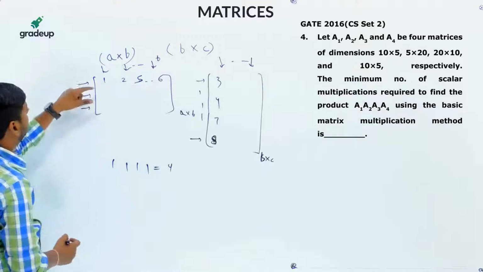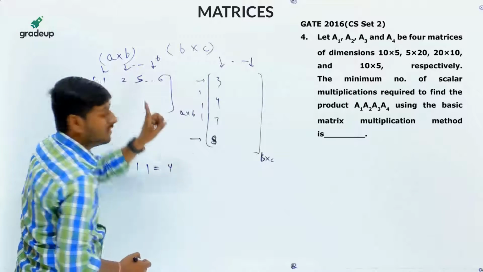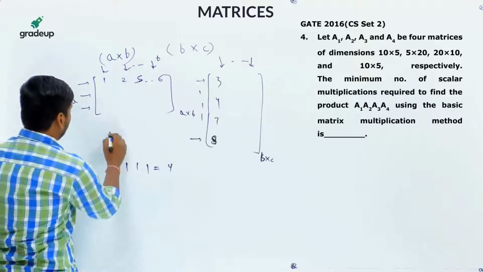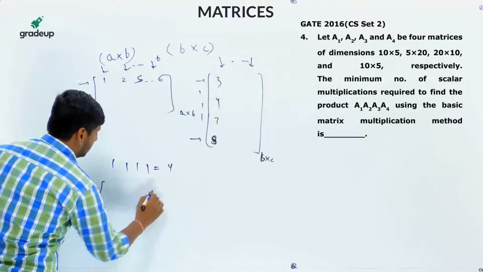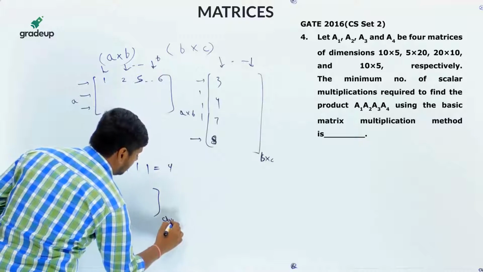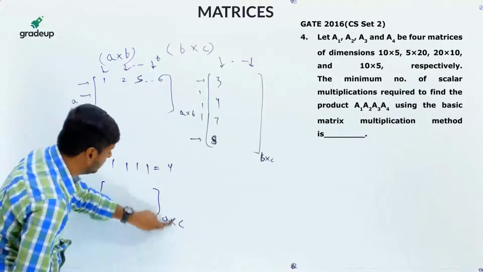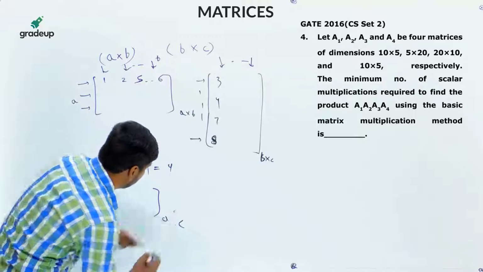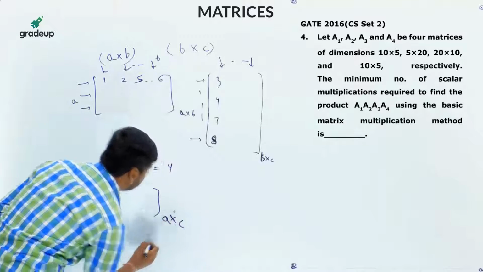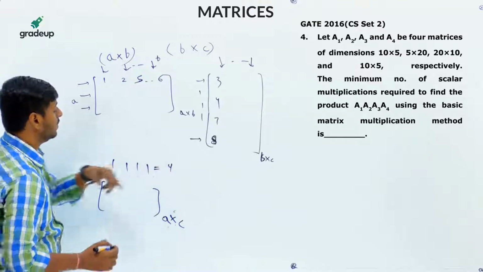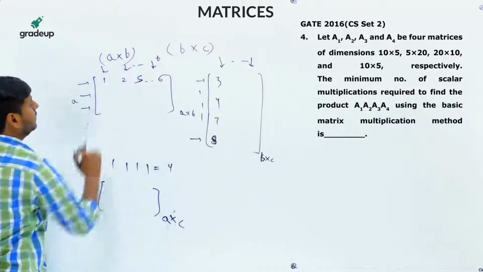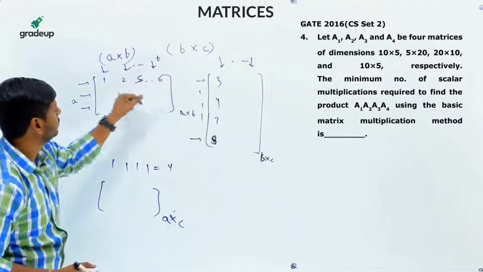For obtaining one element of the A cross C matrix, the number of multiplications is equal to 4, where 4 is equal to B, because I have taken B equals 4 here.